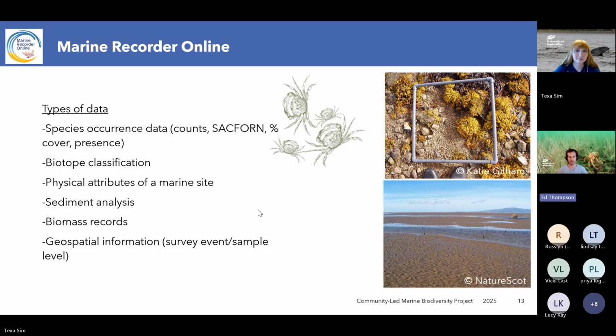So you might just have simple species occurrence and abundance, but you might also have biotoping, physical attributes, sediment, particle size analysis, all that kind of stuff, which makes it very challenging to keep things simple, because it can cater for extremely complex surveys. However, that's obviously not so useful when we're doing things like understanding the extent of the Merle bed.